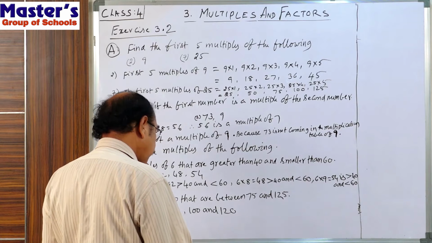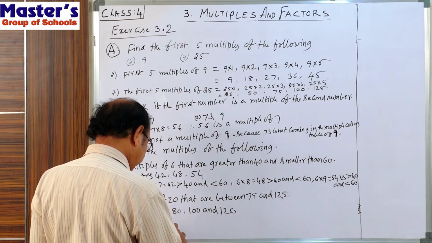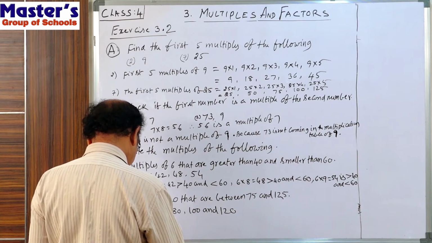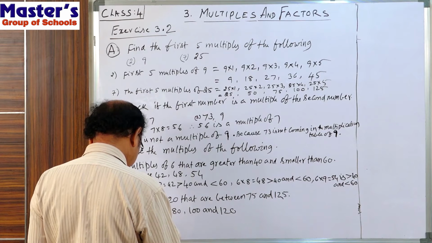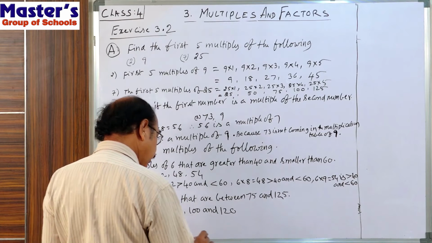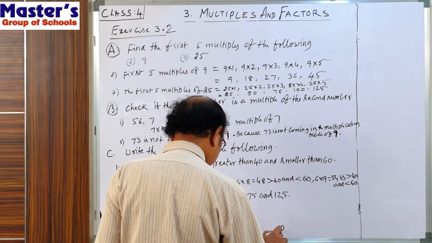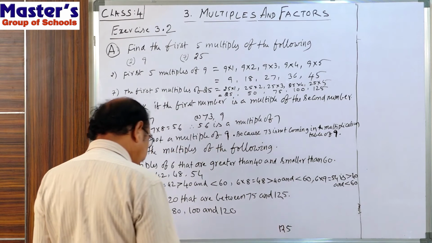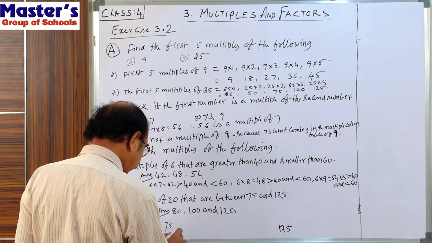See here, in between 75 and 125, we can get multiples of 20.